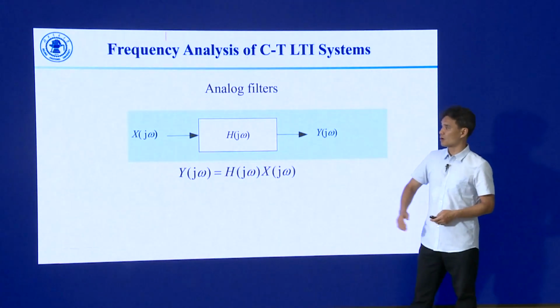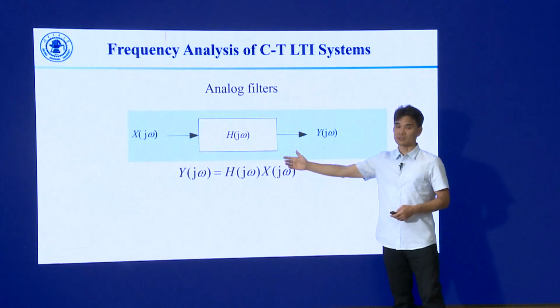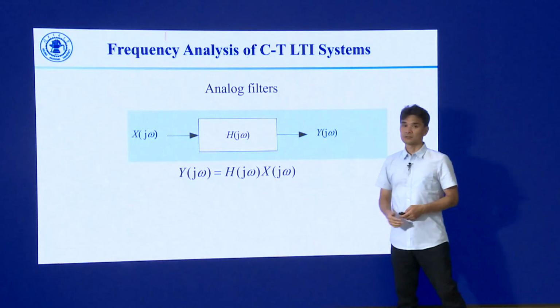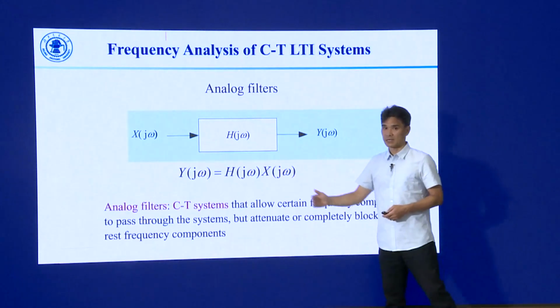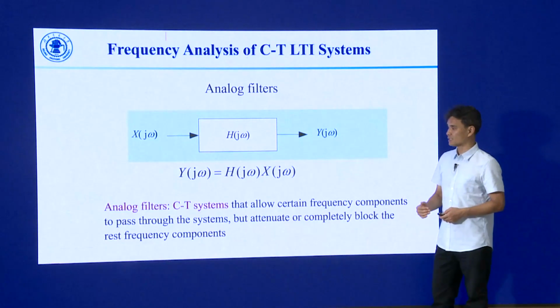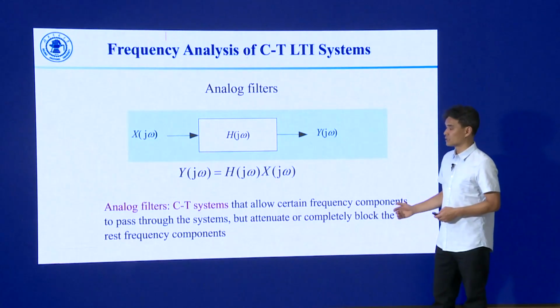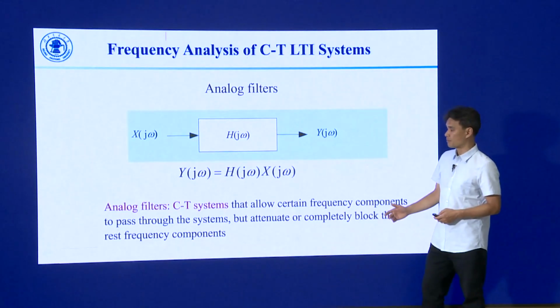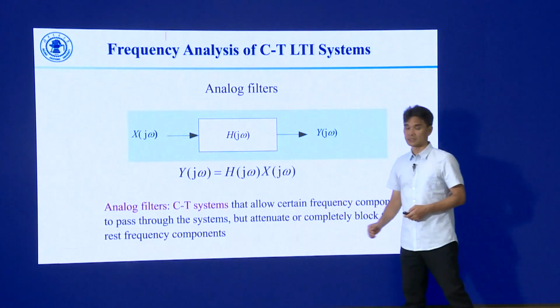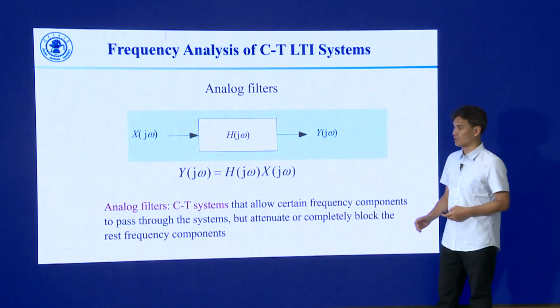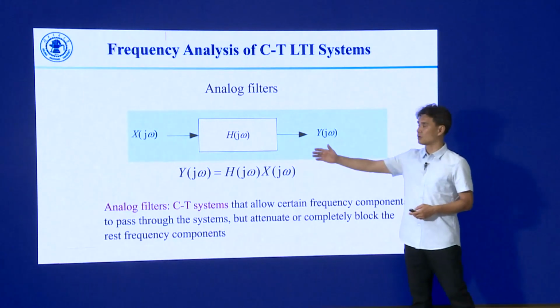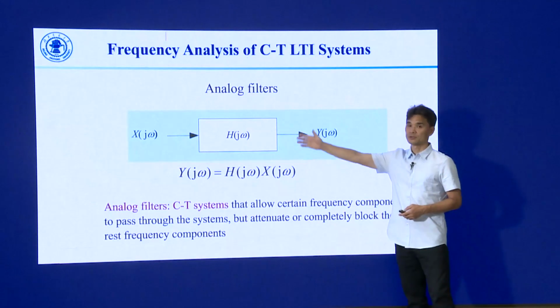We often call a continuous LTI system an analog filter because the frequency response can help us selectively allow certain frequency components to go through the system, but may attenuate other components or eliminate them completely. That is the reason we often call continuous LTI systems filters.